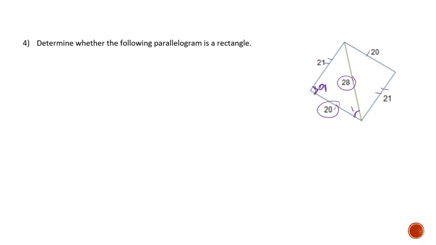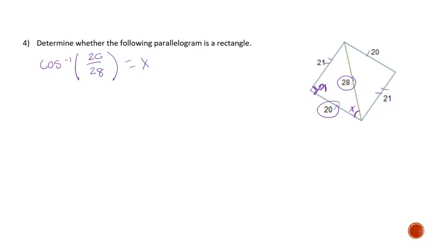I'm going to start with maybe trying to solve for this angle first. If this is truly a right triangle, then I should be able to say that the cosine opposite of 20 over 28 will give me angle x.